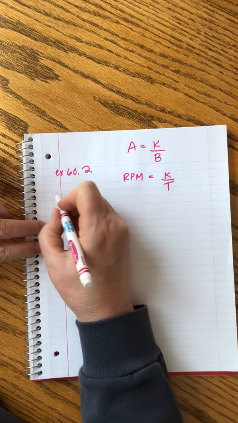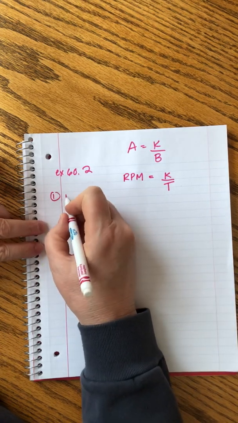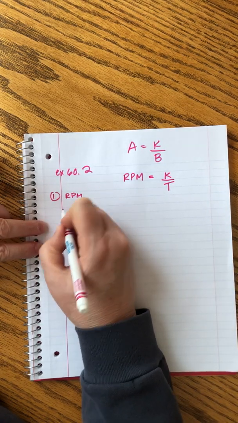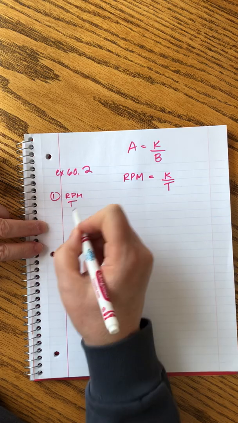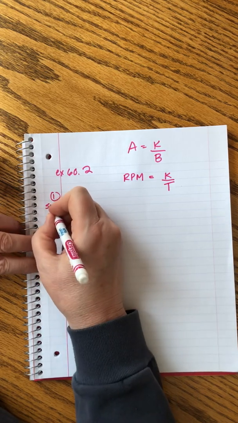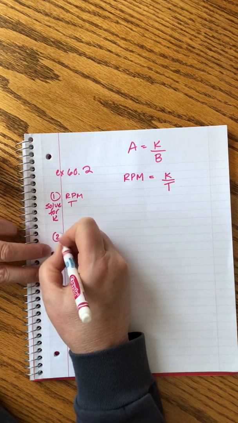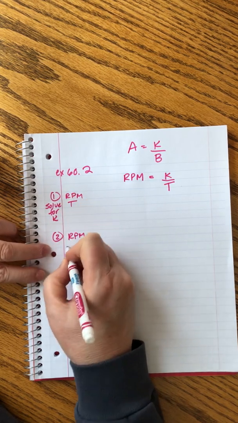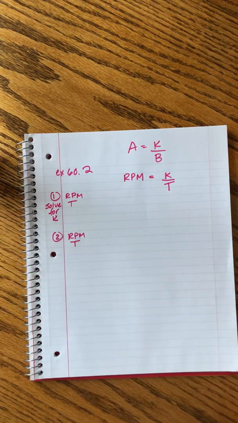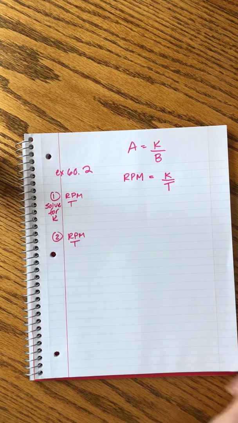Cool. Okay, so I'm going to get our first scenario. We're going to be given a number of revolutions per minute and some teeth. We're going to solve for K. And then we'll use that information. We'll be given one and asked to solve for the other. And we'll use K to do that. Simple little formula, right?